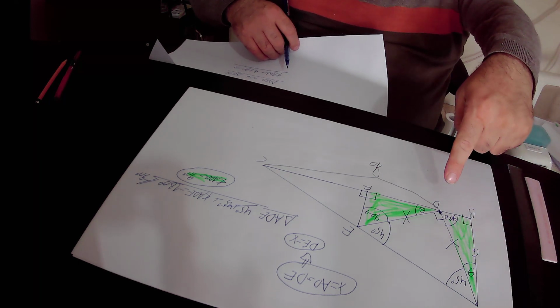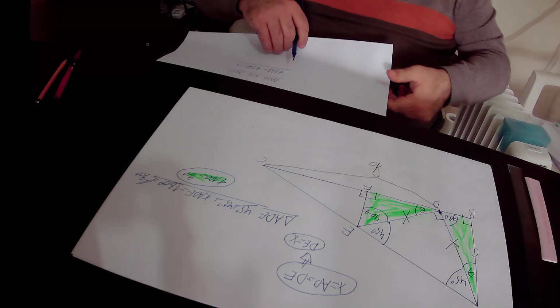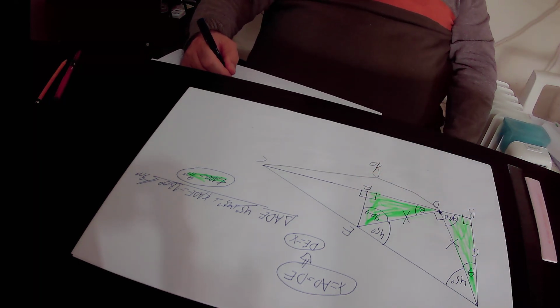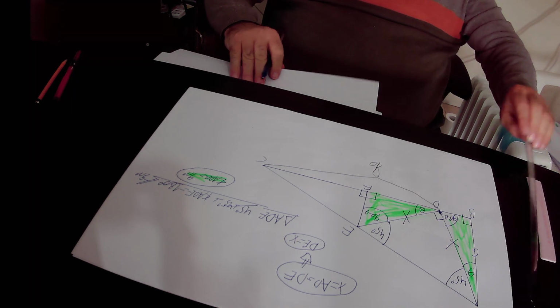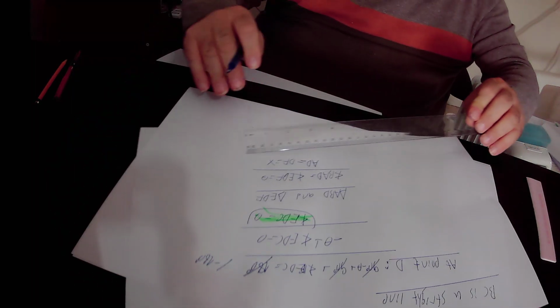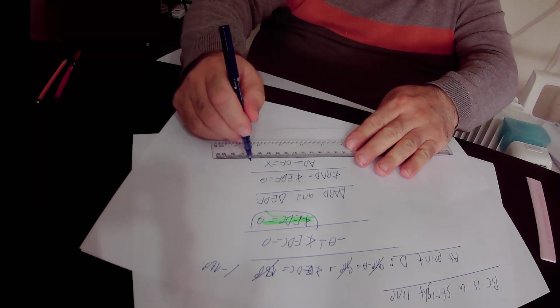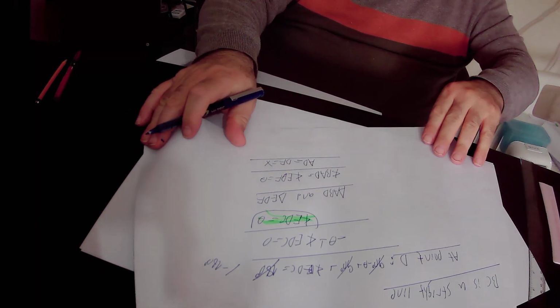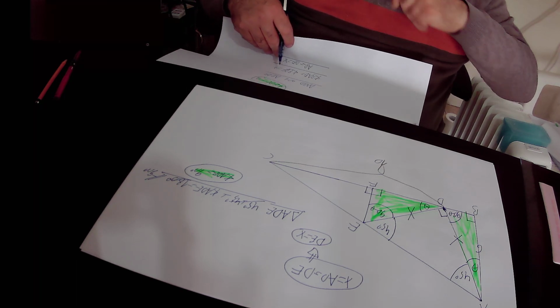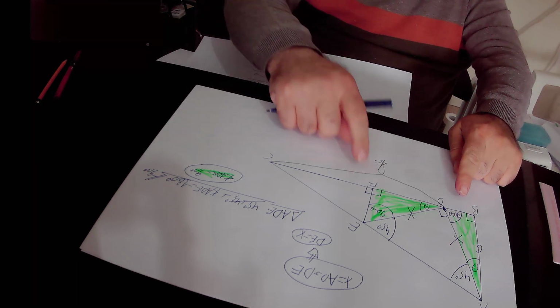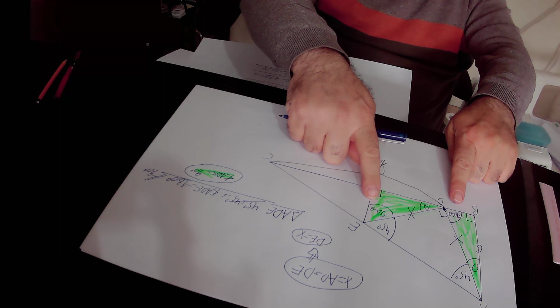Side AD equals side DE, and they are both equal to X. AD equals DF equals X. And finally, those two angles are equal to each other.